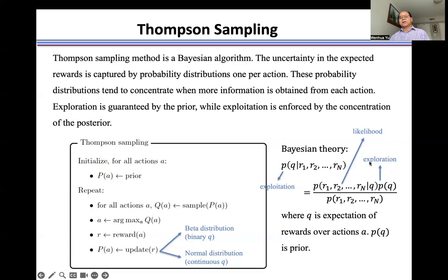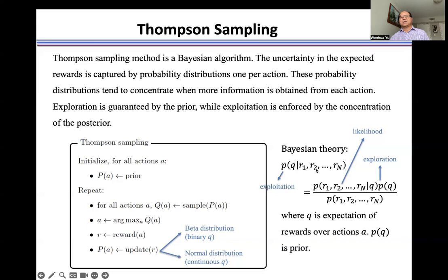That's like exploration. Once the actions, rewards, and samples increase, we have more samples, then we can improve this likelihood. Once the likelihood is improved, this posterior is getting better.